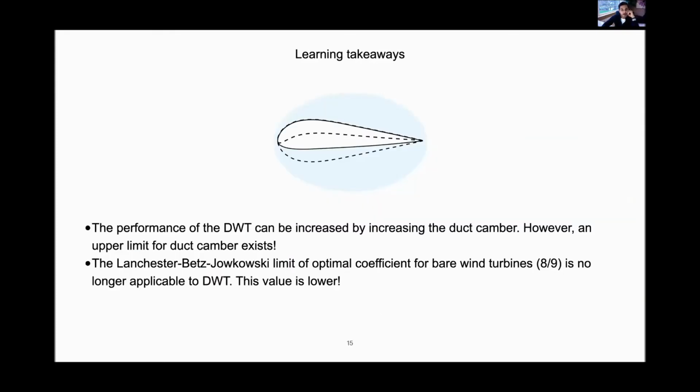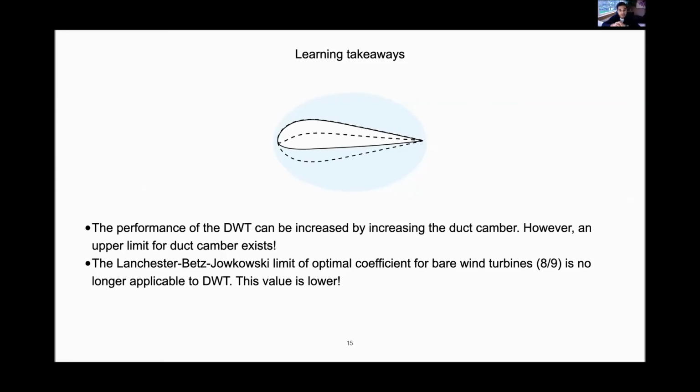So definitely there were some learning takeaways when we started investigating the optimal shape of the duct. What we could conclude is that the performance of the ducted wind turbine could definitely be increased by increasing the duct camber. However, there is an upper limit for the camber, beyond which the flow separates inside of the duct, which leads to the performance drop.